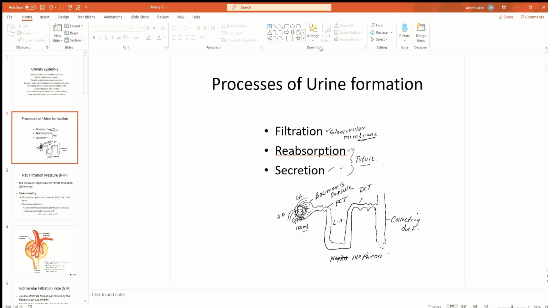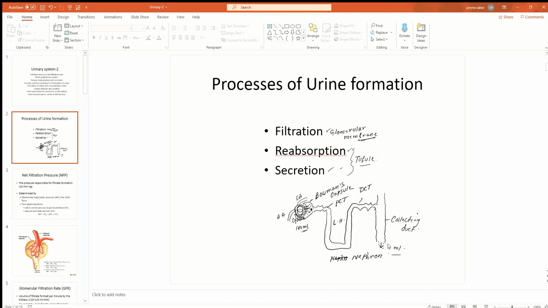So the fluid passes through those two structures and enters into the first part of the nephron. Okay, and if 100 milliliter fluid is here, then when it gets out from the nephron, only 1 milliliter urine is formed.